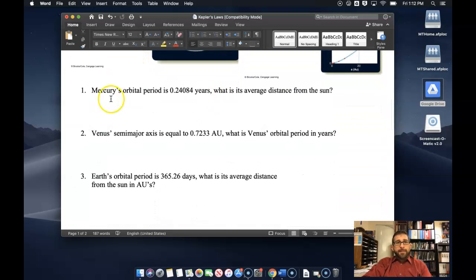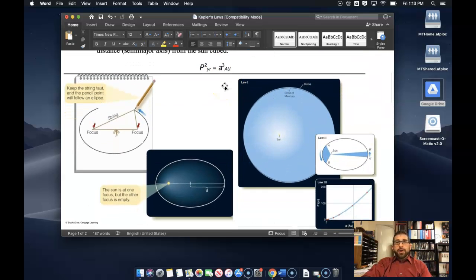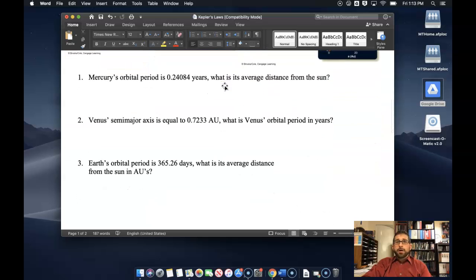So for the first example here, we have Mercury's orbital period given to us as 0.24084 years, and we're asking for what is the average distance from the sun, which is A. Now, in order to make this work, we're going to have to set this problem up using a cube root.